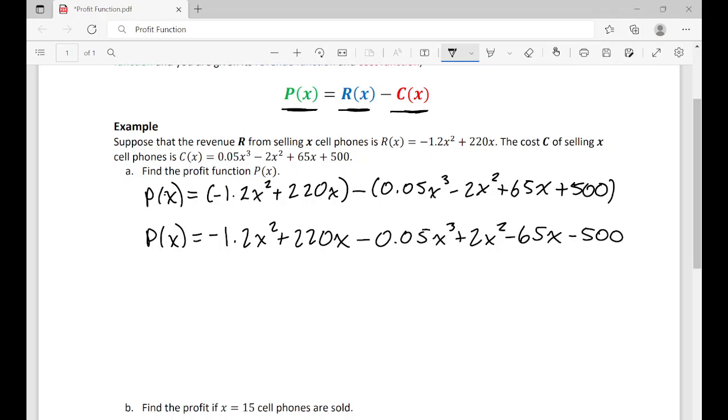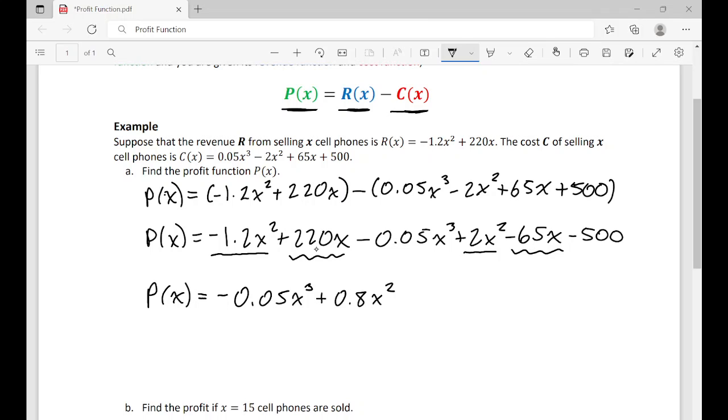And so the only things we can really combine are the negative 1.2x squared and the 2x squared, and then the 220x and the negative 65x. So keeping them in order, highest to lowest, I'm going to have negative 0.05x cubed, and then negative 1.2 and positive 2 is going to give me positive 0.8x squared.